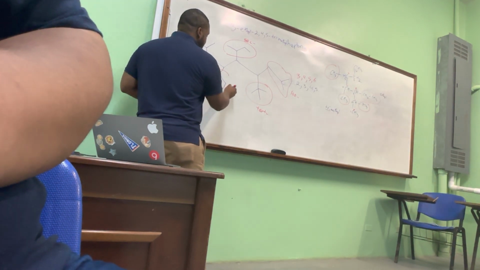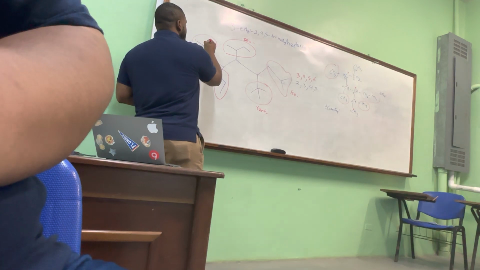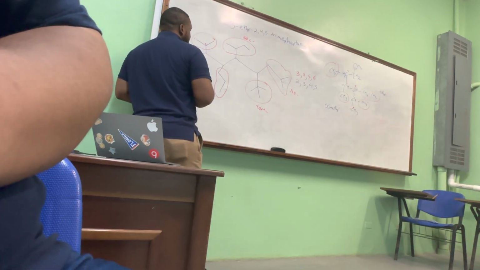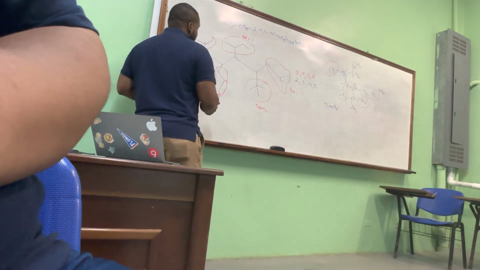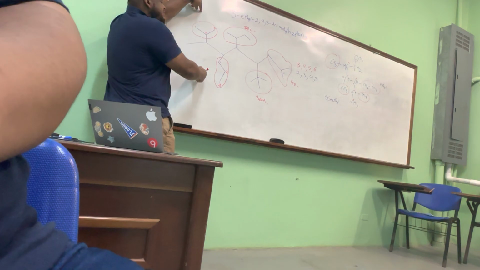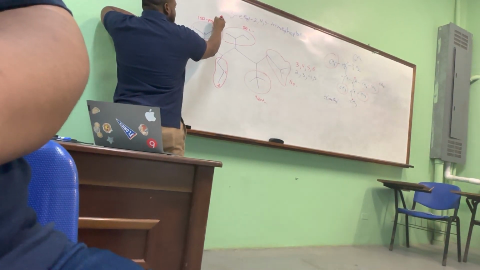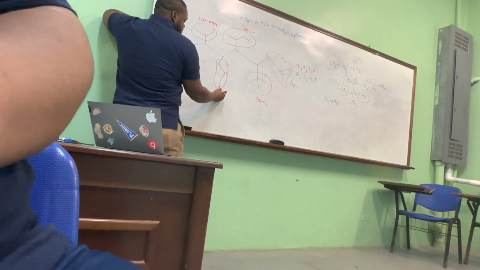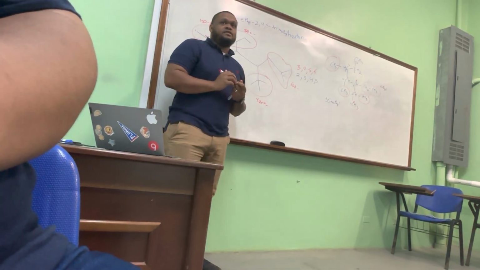This is our propyl group. This is our isopropyl. This has 1, 2, 3 carbons. Here we have 1, 2, 3 carbons. So they look like 2 different substituents. That's why we have to name this isopropyl, and this one is just the propyl group. Alright? So just so that we understand the difference.